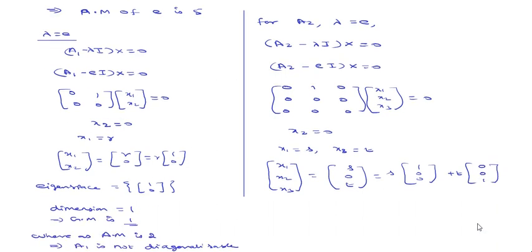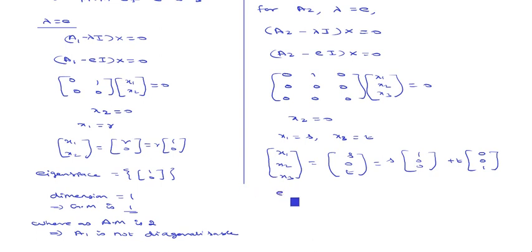So the eigenspace corresponding to the eigenvalue E for the block A2 is spanned by (1, 0, 0) and (0, 0, 1).